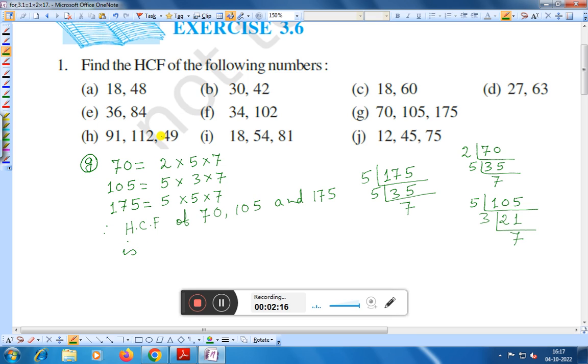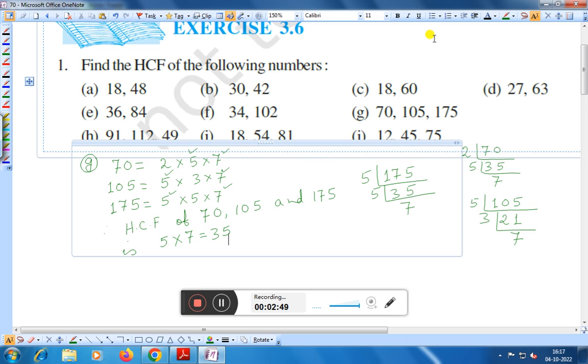First find the common factors. Here you see that 5 is common in all three, and 7 is also common in all three. So 5 into 7 is equal to 35. Therefore, the HCF of 70, 105, and 175 is 35. This is the solution of question number G.